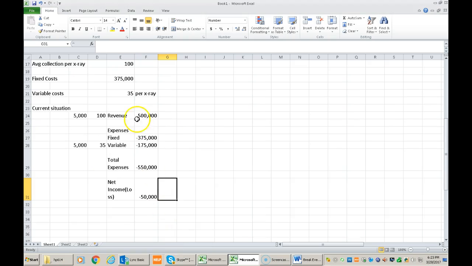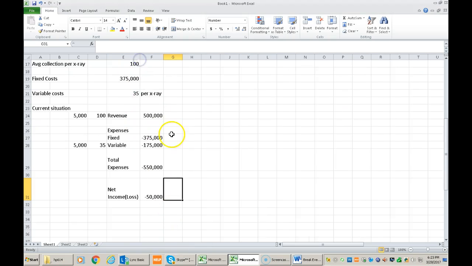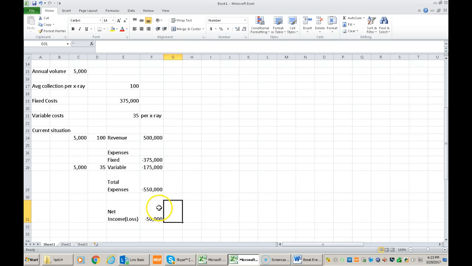So we want to then understand, based on our loss of $50,000, how many more x-rays we need to do. So in order to do that, we need to figure out our contribution margin, right?